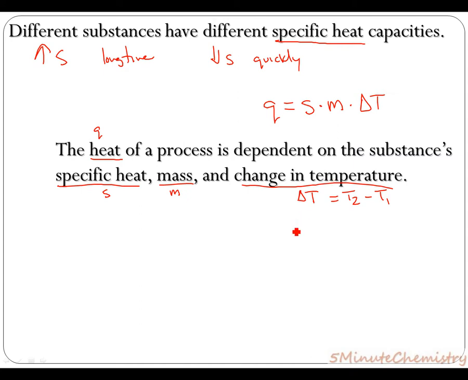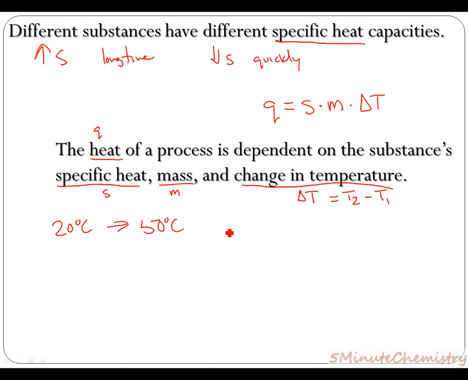So to give you an example that is going to make some sense, let's say I give you a water sample, and I want to know how much energy it takes to heat up water from 20 Celsius to 50 Celsius.